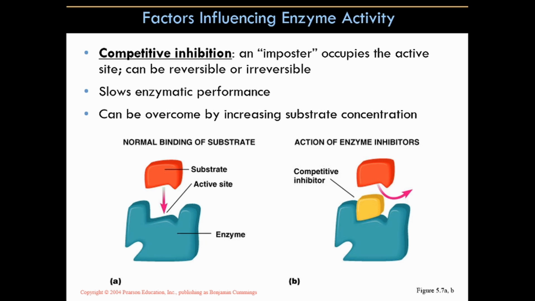Competitive inhibition can be overcome by increasing substrate concentration. So more substrates there, less opportunity for the competitive inhibitor to get into the active site, because there are so many substrates there, and so they just keep getting in. The competitive inhibitor gets frustrated. I want to get in there, but it can't because there's so many substrates that are there. So increasing substrate concentration can overcome competitive inhibition.